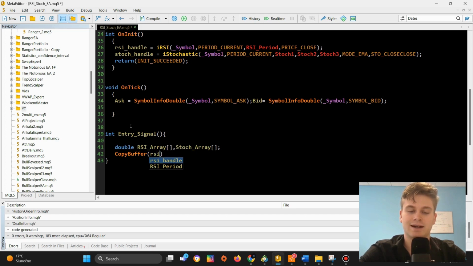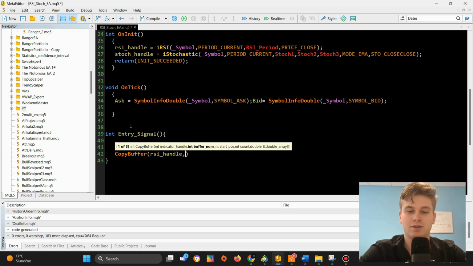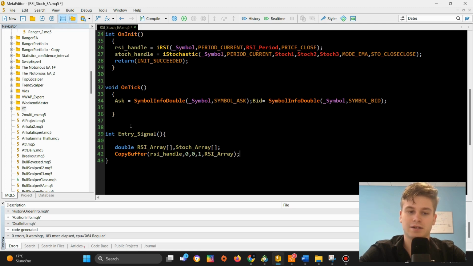So let's start with the RSI indicator. We will use the RSI handle. Then the buffer number is 0, starting position is also 0, and we only need one value, because we just want to check whether the latest RSI value is above or below 50. So that's why we only need one value, and we will store it into the RSI array.